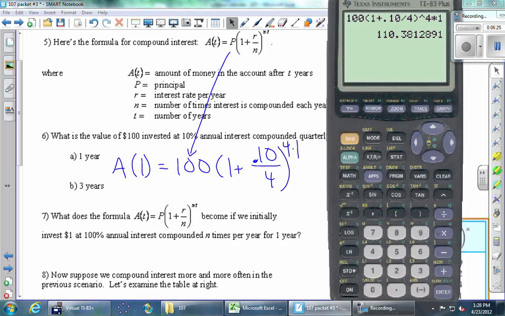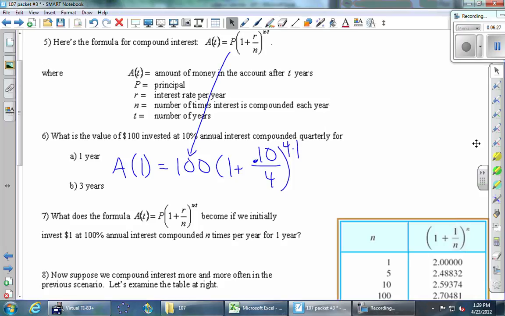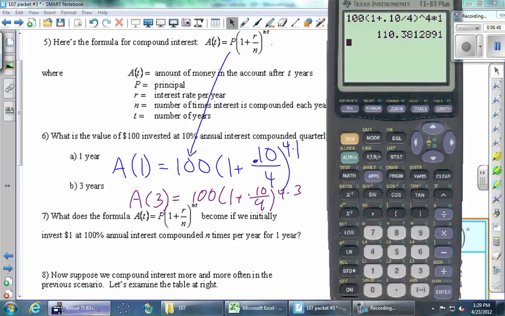Okay, what if we try the same thing for 3 years? So all this stuff is the same, but now we're plugging a 3 in for what number? I wouldn't say A, for T. Okay, so 100, 1 plus 0.1 over 4 to the 4 times 3 years. I'll just do second enter, and then change my 1 to a 3.